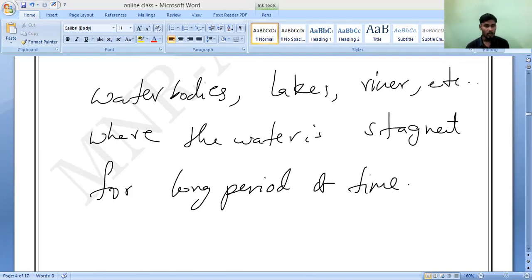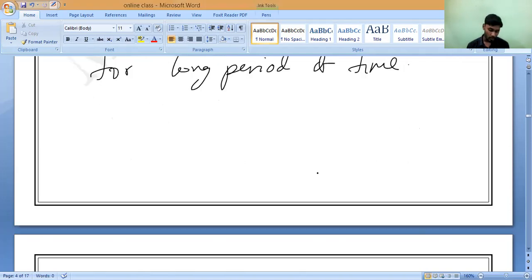Now, if you observe, algae is also a large group of simple plant-like organisms.